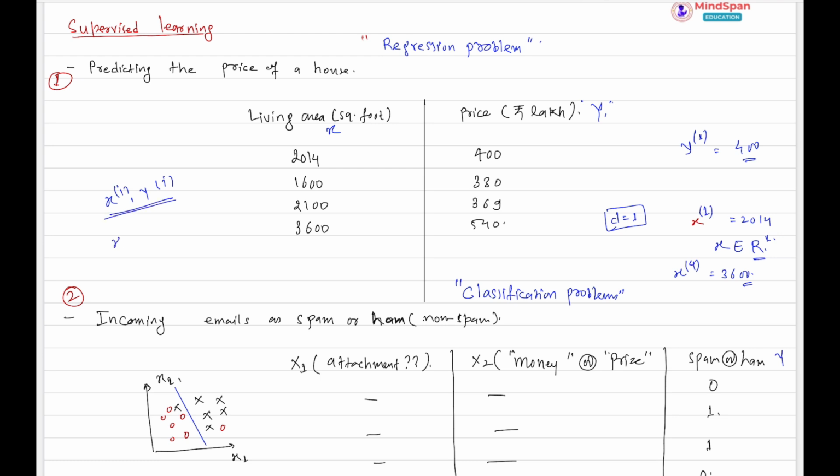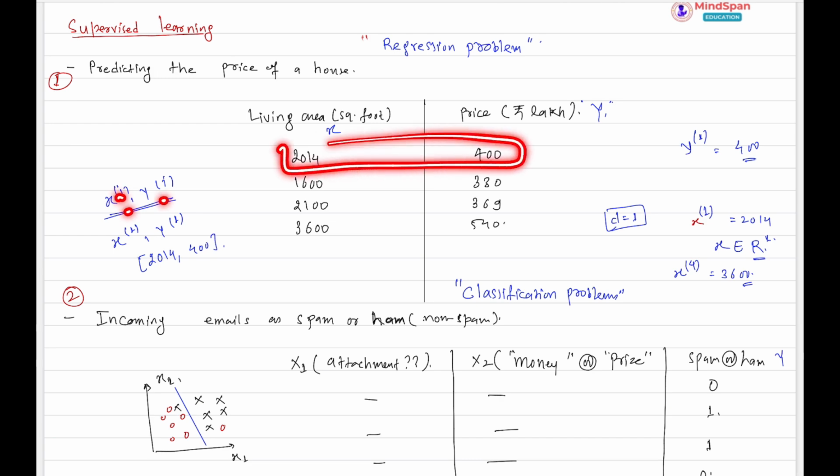So if I ask you what will be x1 comma y1 for this particular example, that would be 2014 comma 400, right? What's the input of the first example? What's the output of the first example? So this is our first example, the x1, y1 pair.